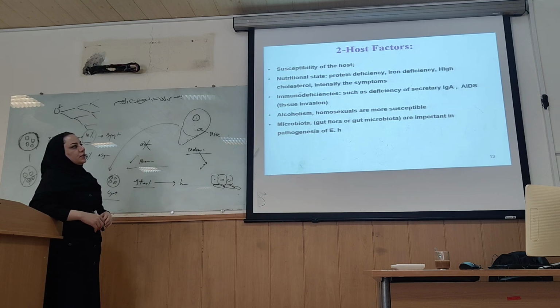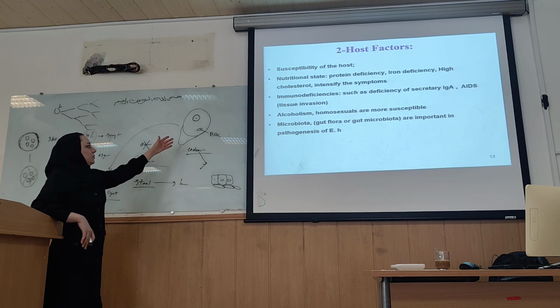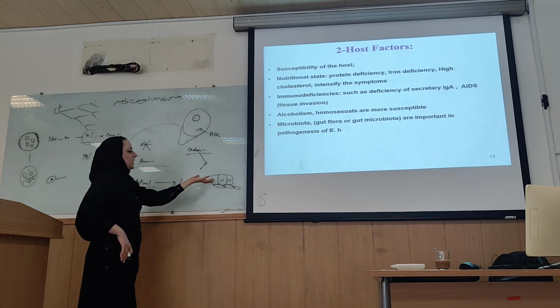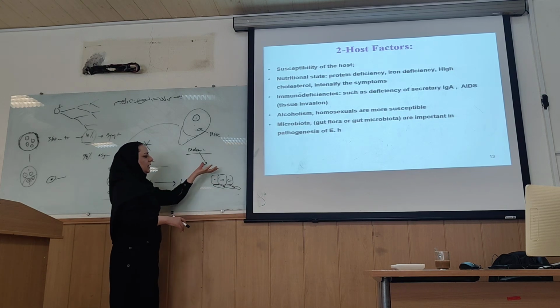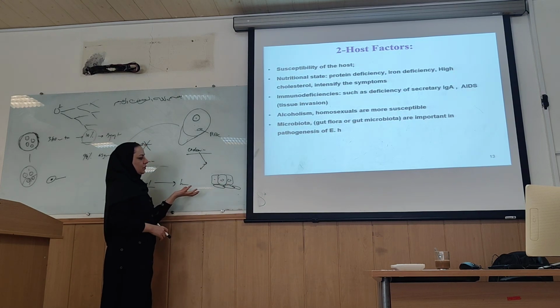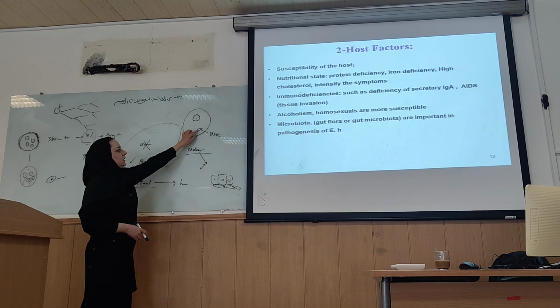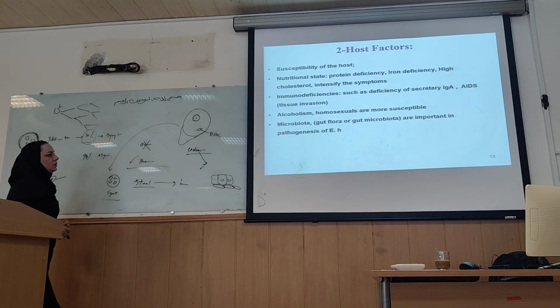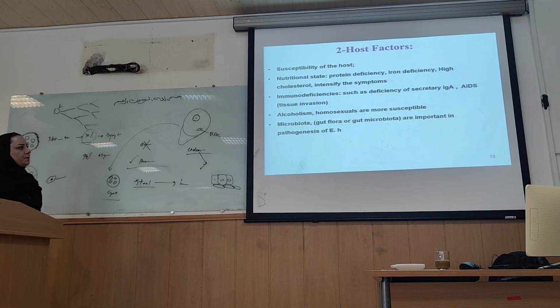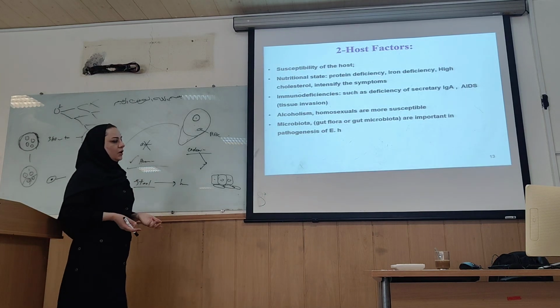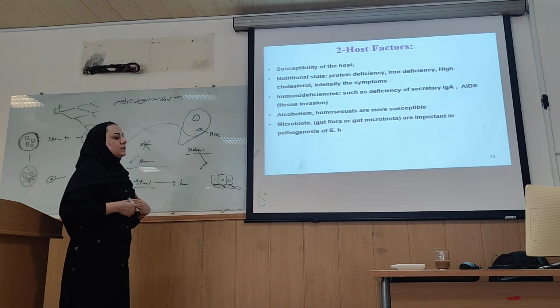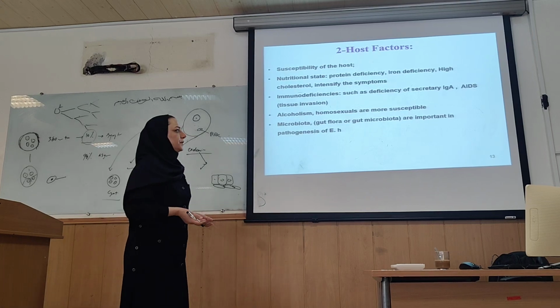So if the patient has iron deficiency, because they don't have enough iron in the lumen, they have to attach to our epithelial cells and digest our intestinal tract and phagocytose RBC and use the iron. So in these people, the symptoms are much higher and more severe.